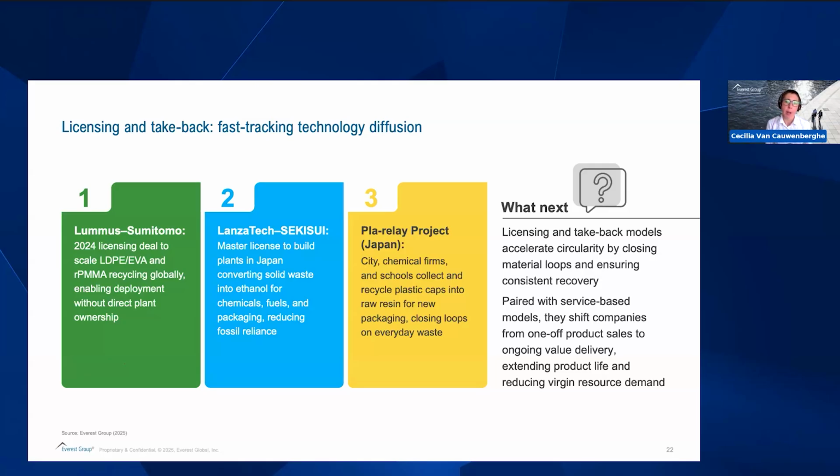It is a public-private coalition involving Kashima City, Mitsubishi Chemical, and a local school. Waste is collected locally, pre-processed regionally, and sold back to national packaging converters. So though small in scale, it is very profitable through avoided landfill fees, social license, and local employment. This model proves that circularity can also generate value even in low-capex, high-engagement contexts.